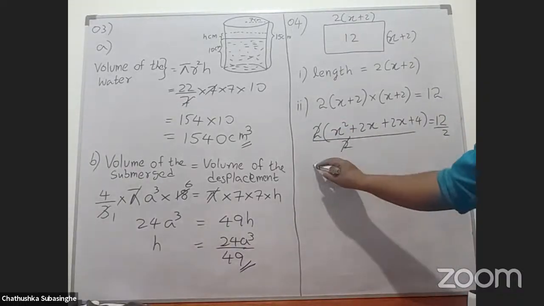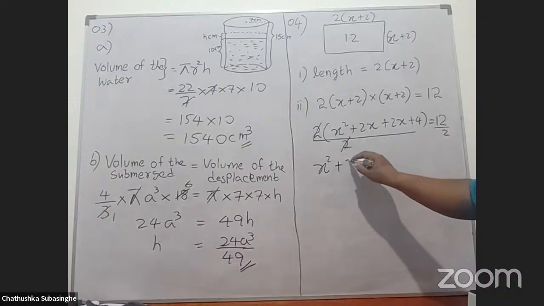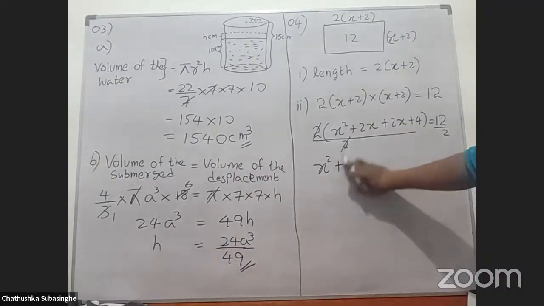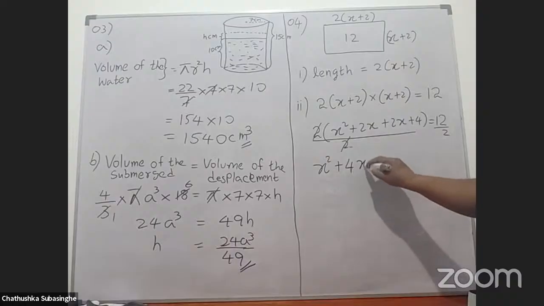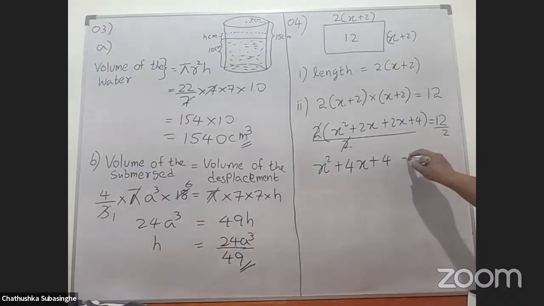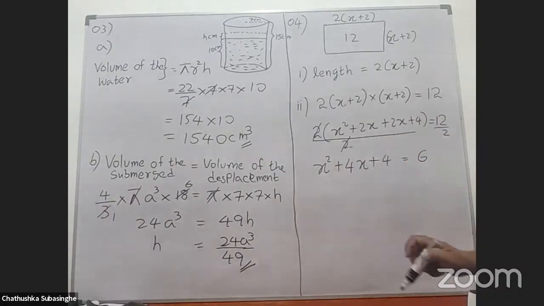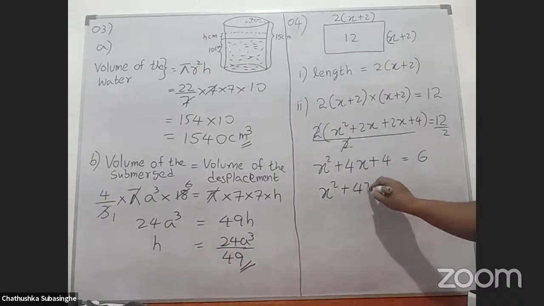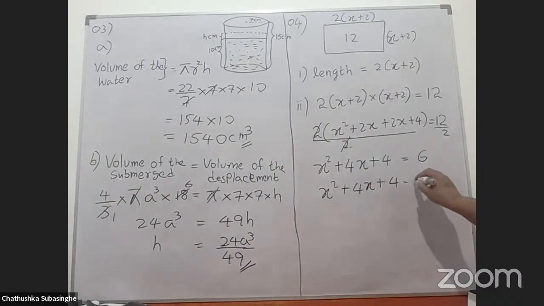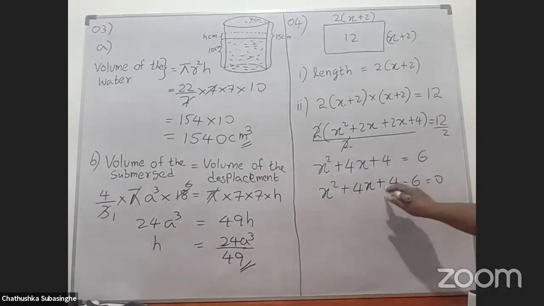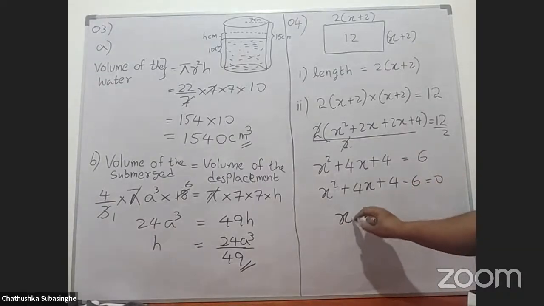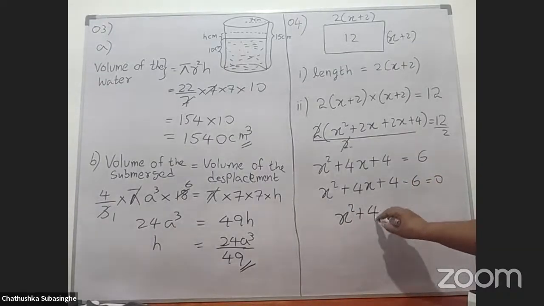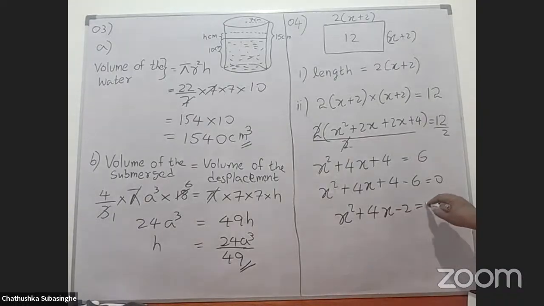Here I get x squared plus 2x plus 2x is 4x, plus 4. 12 divided by 2 is 6. Now I have to take this 6 to the other side. Then x squared plus 4x plus 4 minus 6 equals 0. Plus 4 minus 6 is minus 2, equals 0. This is what they are asking us to show.